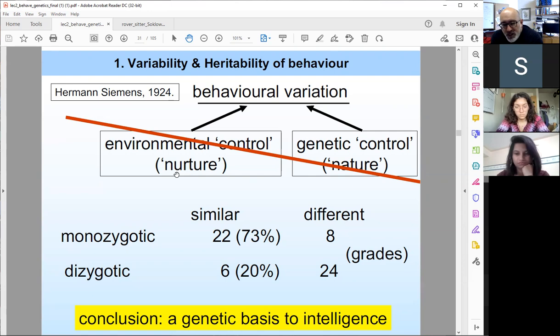The genetic underpinnings of intelligence are filtered through the environment, both the internal and external environment. And so I'll show you some figures in a second that will try to tease that apart. But the point is that, as you learned earlier, the phenotype is the result of an interaction between the genotype and the environment. And, in this case, intelligence is no different.